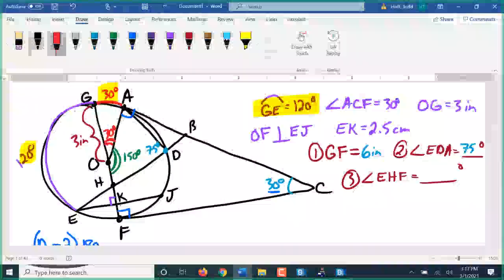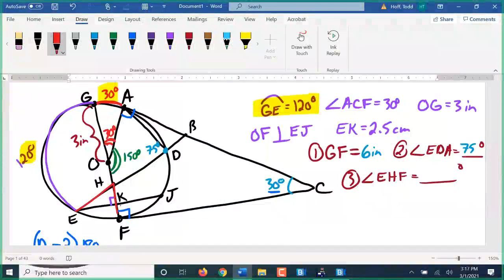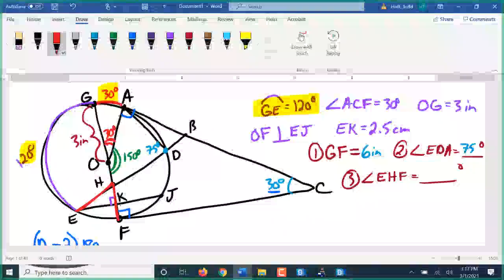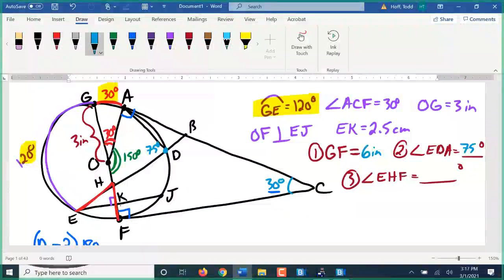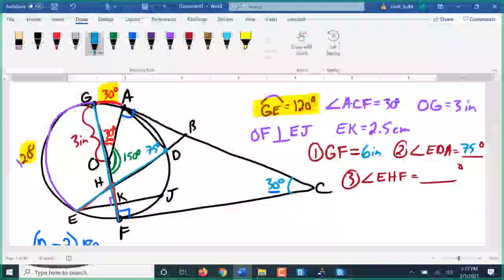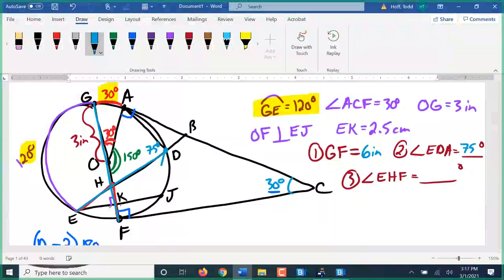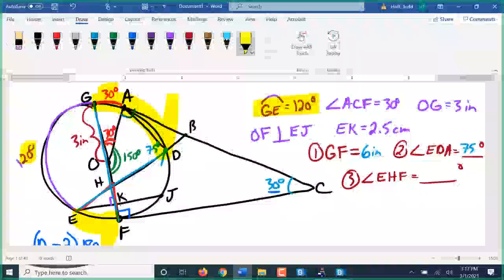EHF, that angle right there. To find that, I'm looking at these two intersecting chords. I need to know this arc and that arc to find the angle between those intersecting chords.